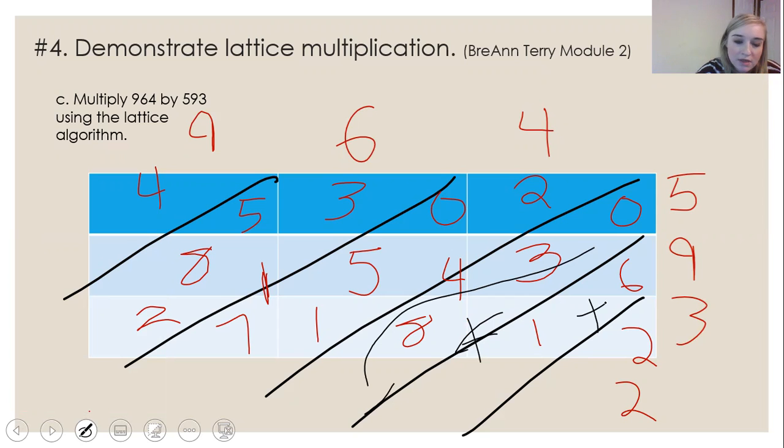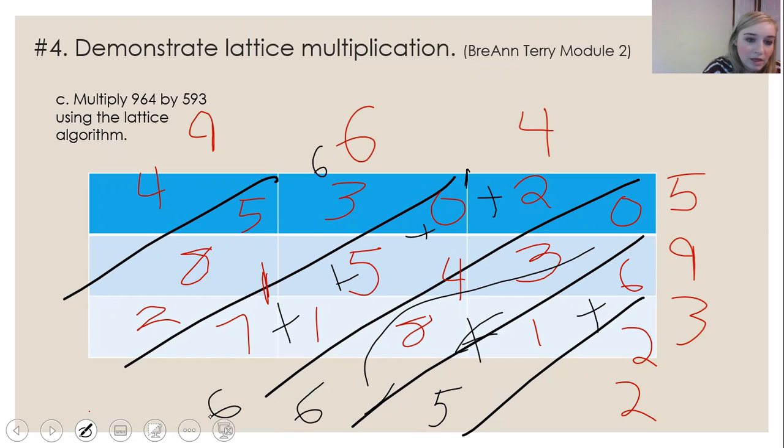But that's going to be 15, so we have to carry the 1 over here. Now we do 7 plus 1 plus 5 plus all of this, and we get a 6. Carry the 3, carry the 6, and then we get another 6 here, and 1 here. So now our number is really big.